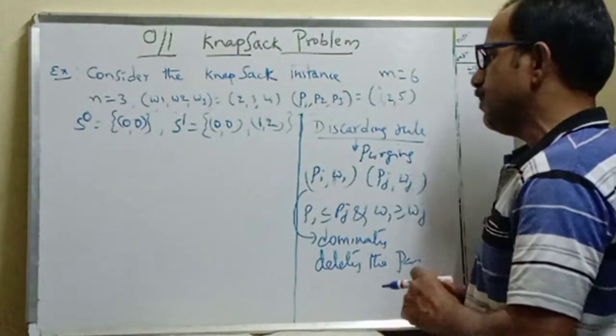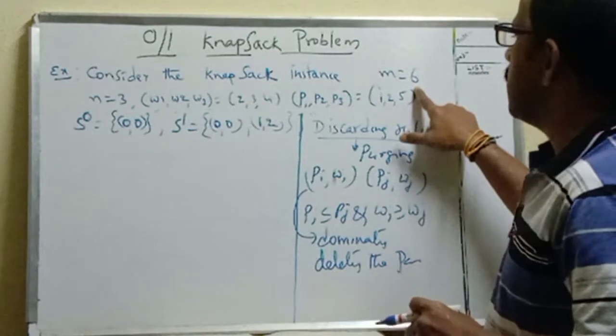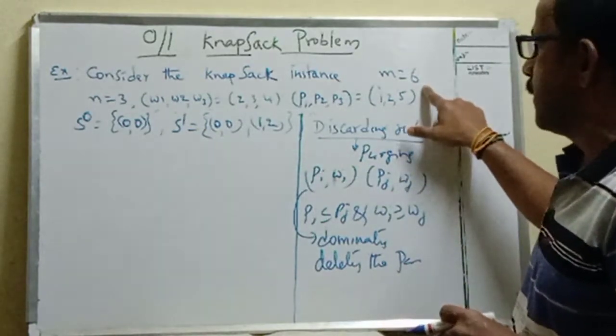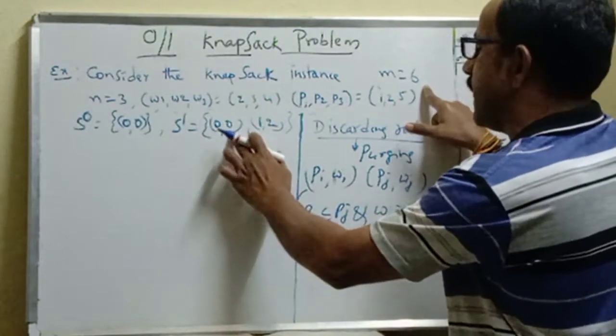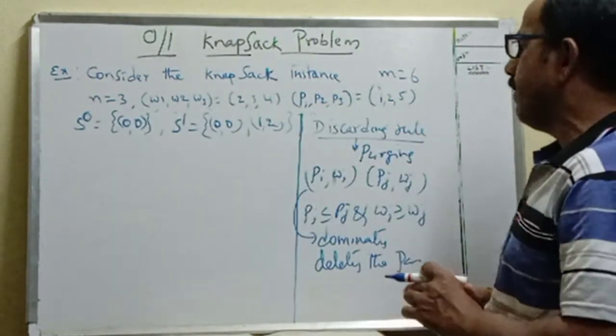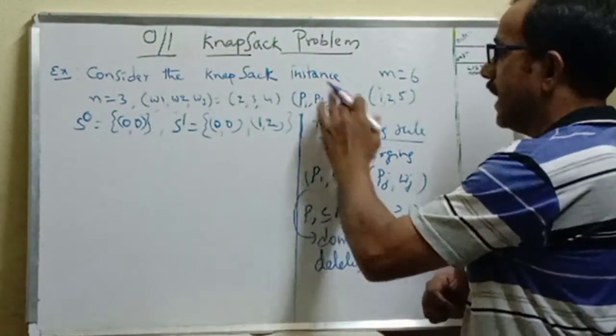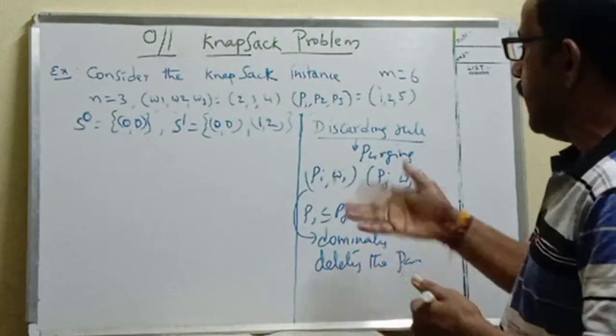And another one is, suppose the weight of any pair is greater than the knapsack capacity. Here the knapsack capacity is 6 units. If any pair's weight crosses 6, then we directly remove that pair from the set. So that is one way, and another way is applying the purging rule to discard items.